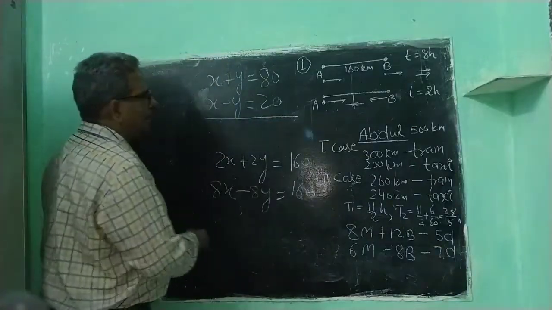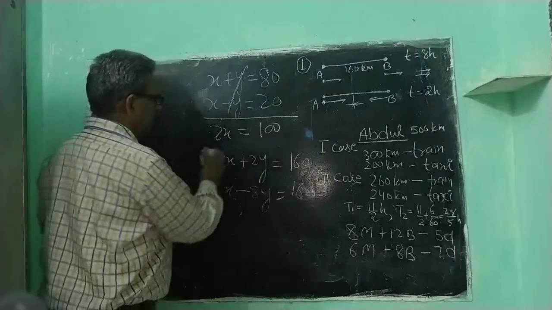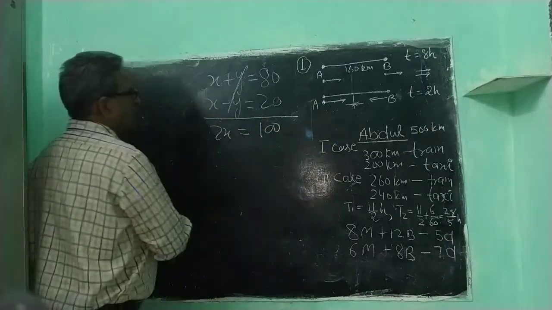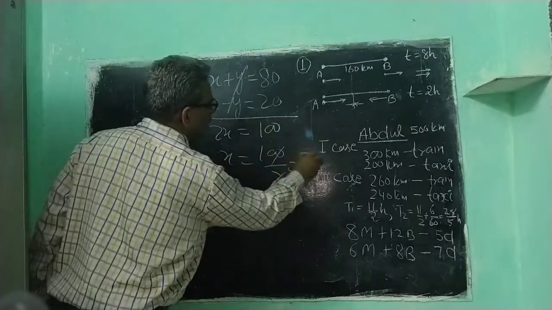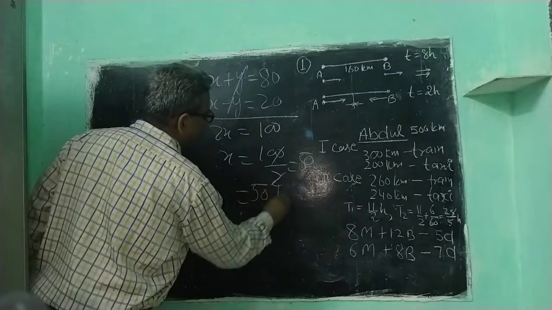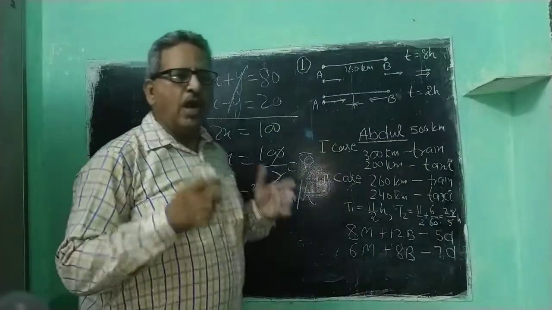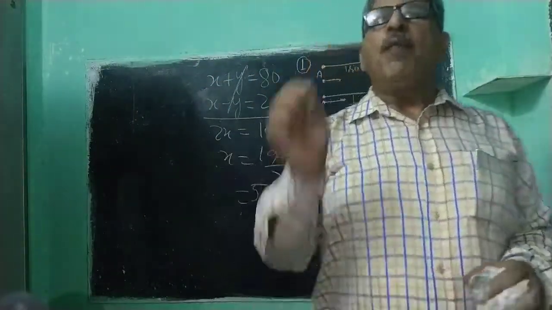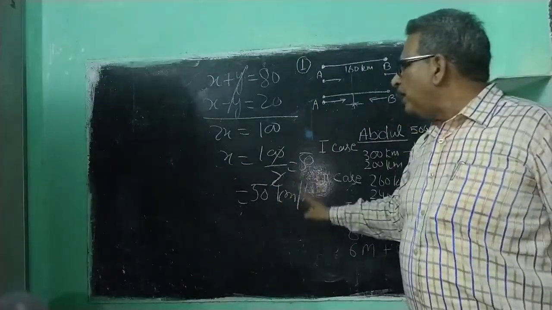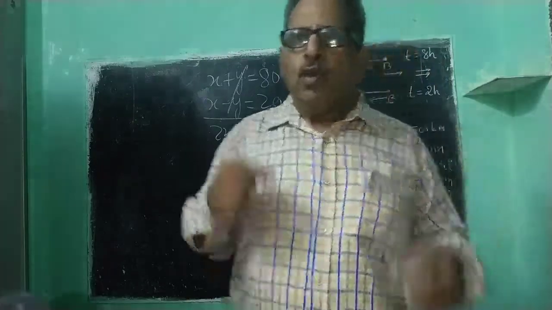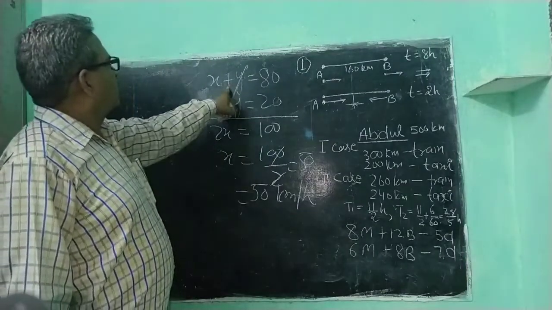Add them, what we get? 2x is equal to 100. So x is equal to 100 by 2, that is 50 kilometer per hour. So the car which started from A has the speed 50 kilometer per hour. Now what shall we do? Put the value of x in this equation.